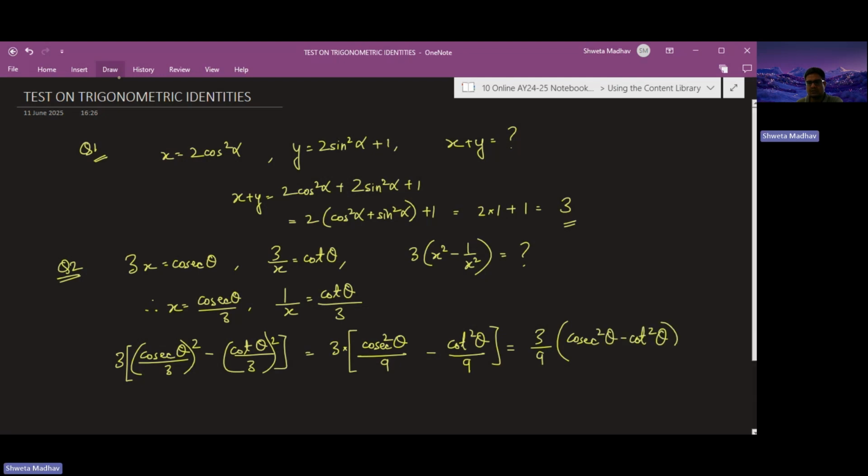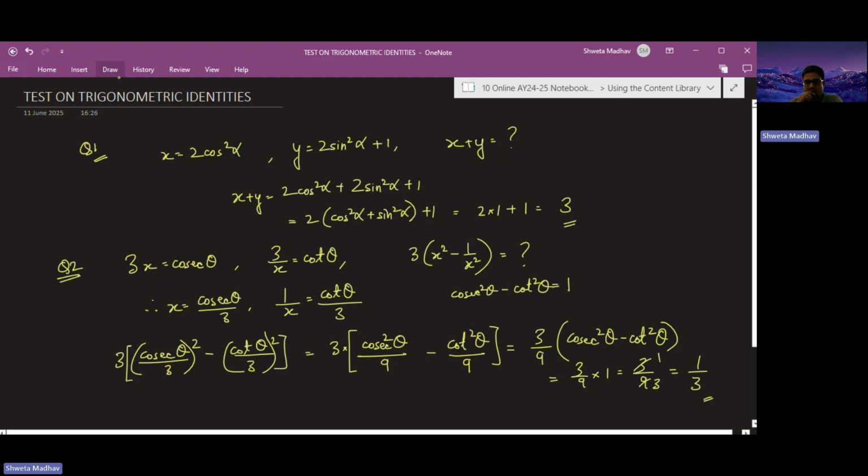Now we know that cosec square theta minus cot square theta equals 1. So therefore this will be equal to 3 by 9 into 1. So that is 3 by 9, or I can say 3 1s are 3, 3 3s are 9. So it is equal to 1 by 3. So 1 by 3 is the correct answer.